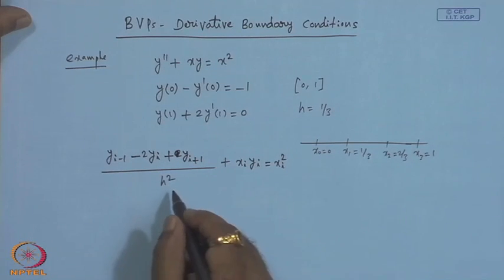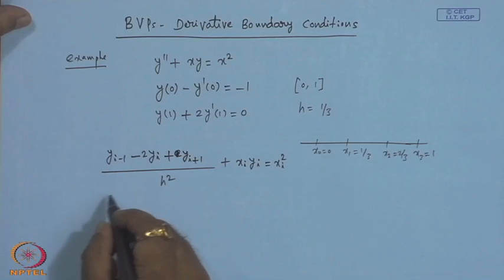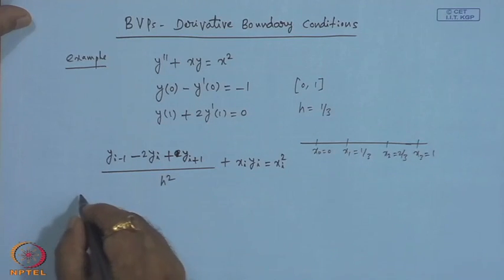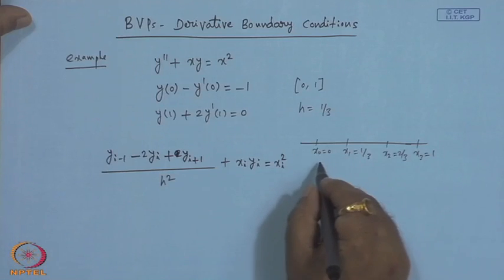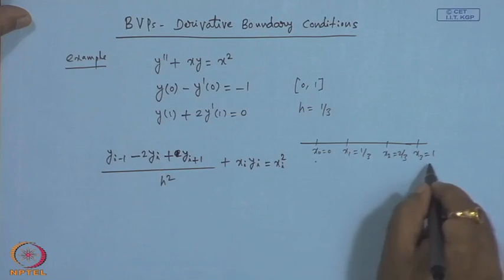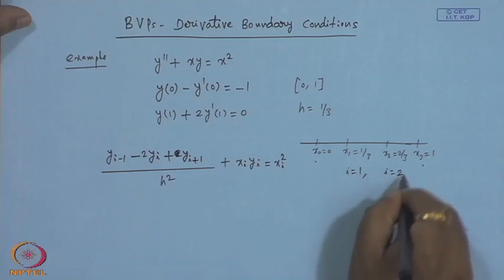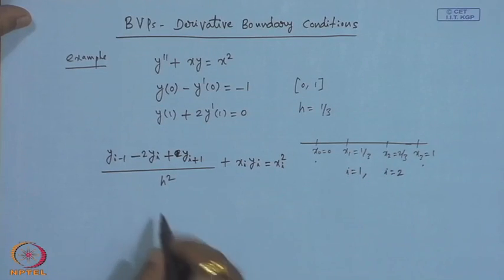Then if we have to write this equation, strictly speaking, these are the boundary points. So, i corresponds to 1 and i corresponds to 2 there.